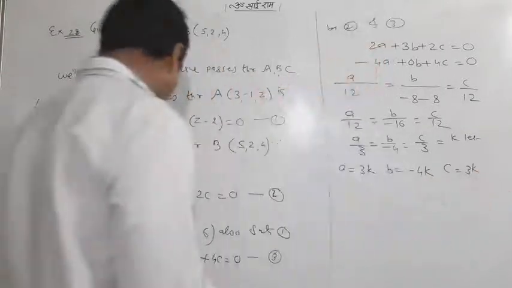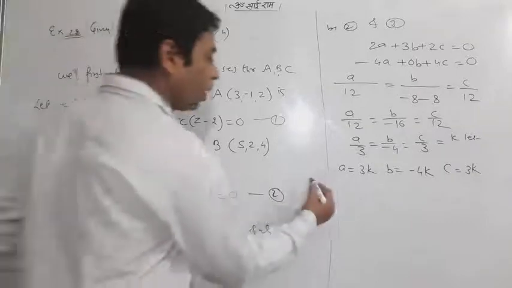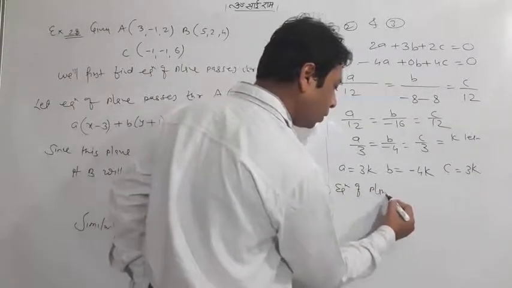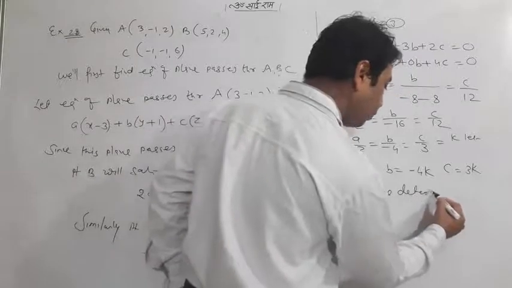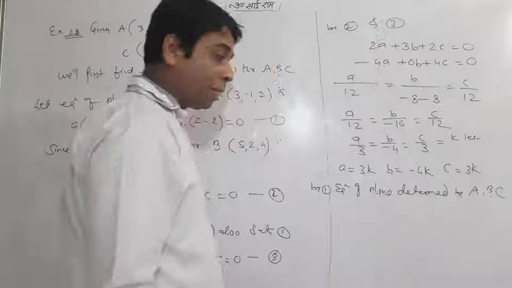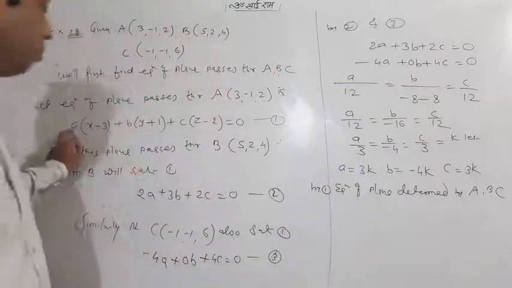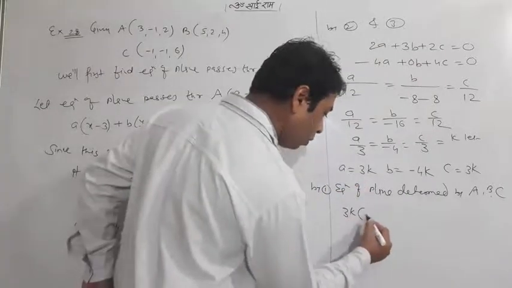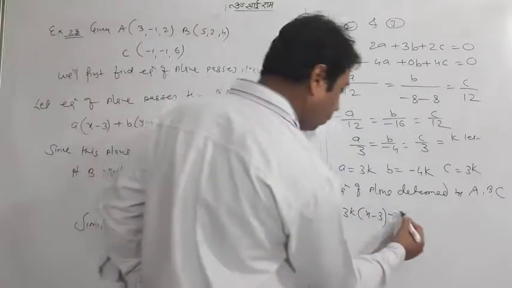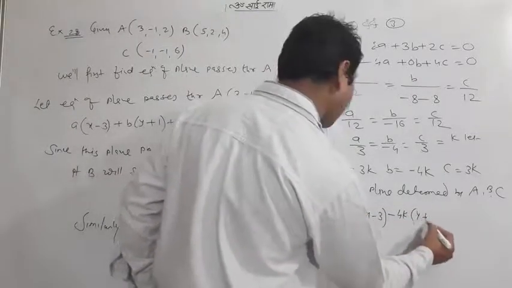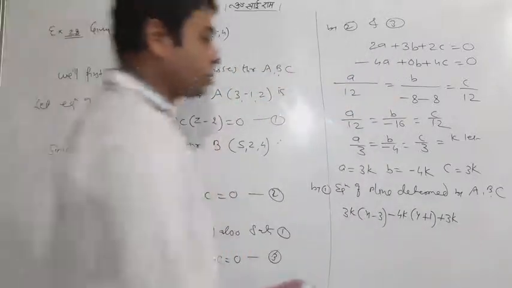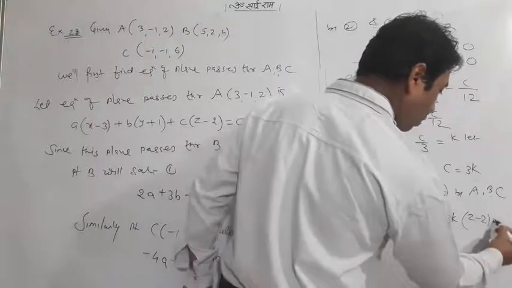Now put a, b, c in equation number 1. So by 1, the equation of the plane passing through the point is, putting a equal to 3k here: 3k into (x minus 3), b equal to minus 4k into (y plus 1), c meaning 3k, (z minus 2) is equal to 0.